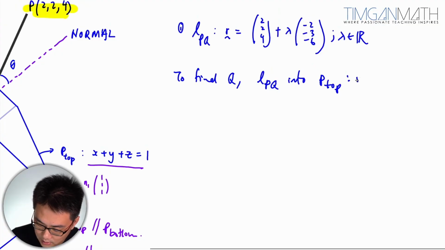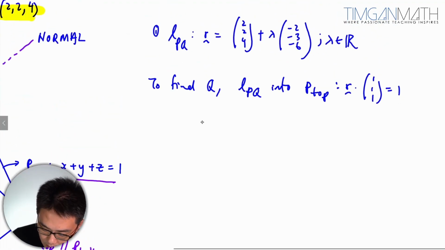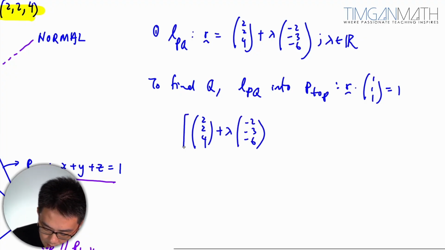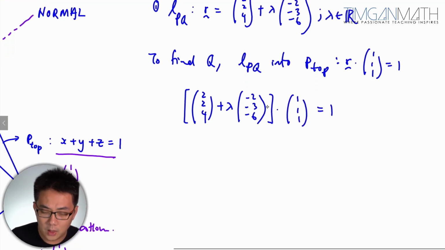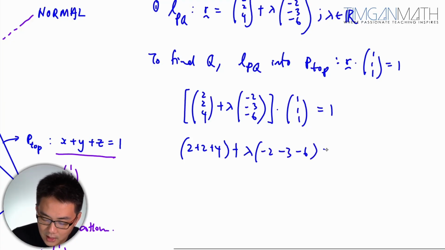P top is r dot (1, 1, 1) equals 1. So I replace r with (2, 2, 4) plus lambda (-2, -3, -6), dotted with (1, 1, 1), equals 1. The dot product gives 2 plus 2 plus 4, plus lambda times (-2 minus 3 minus 6), equals 1.